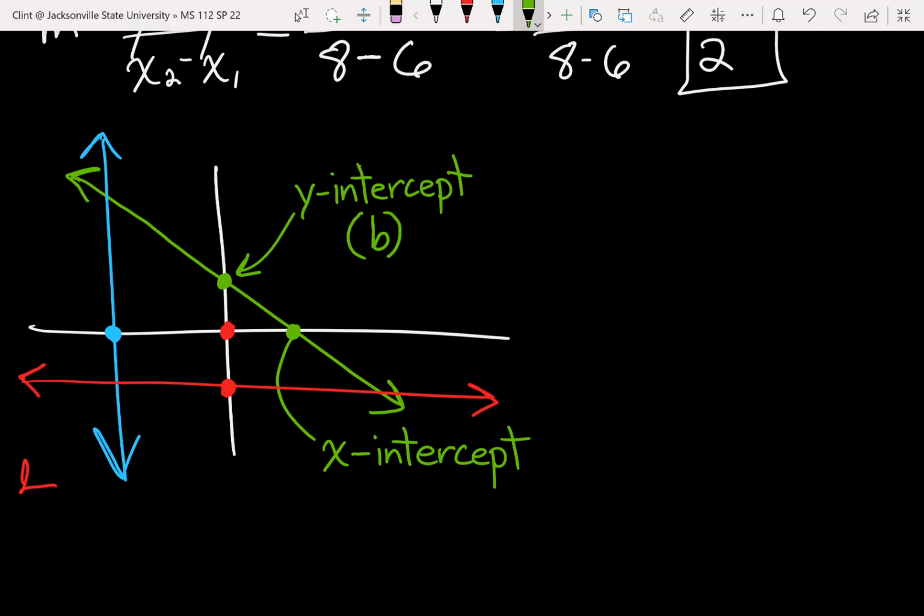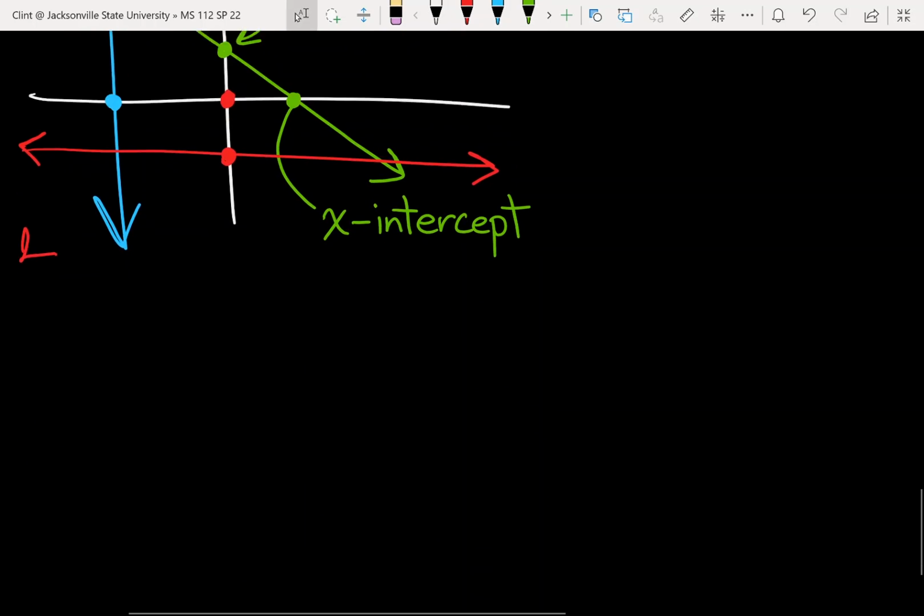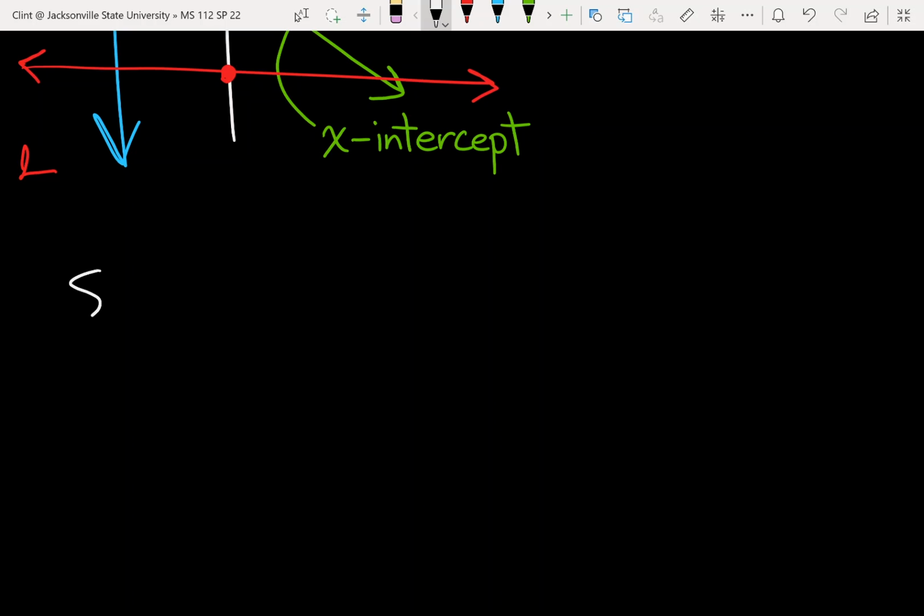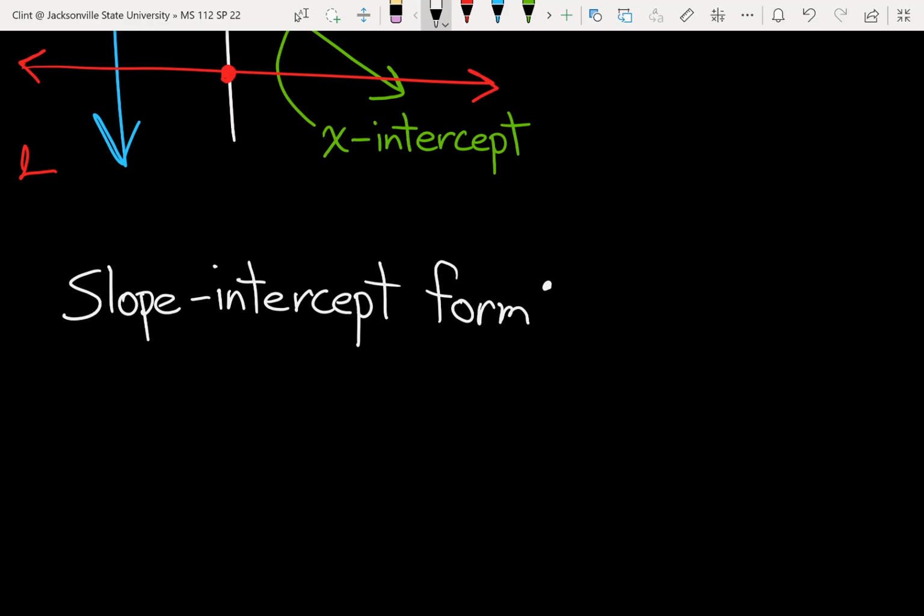So then that leads us to one way we can write down the equation of a line. If we know the slope of a line and we know its y-intercept, we can write down an equation. This is called the slope-intercept form of a line. Usually people will remember this one.